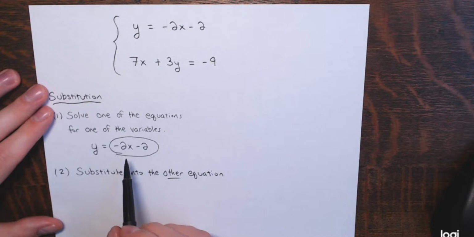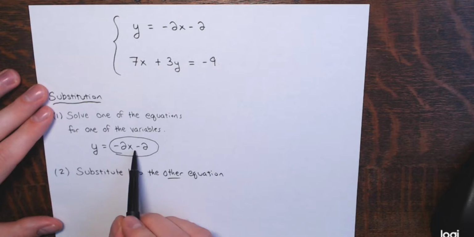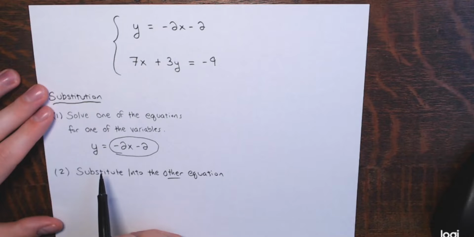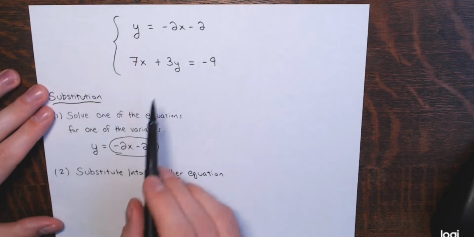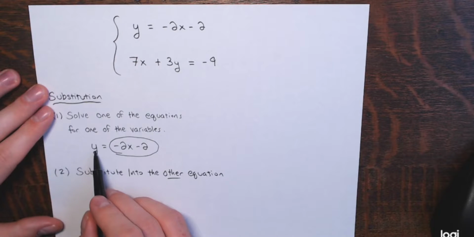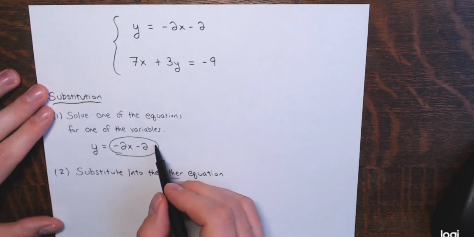So this negative 2x minus 2 expression is the same as y, so I can replace y wherever you see y in this system. For any ordered pair that satisfies all the equations, these relationships should hold. So I can replace y with negative 2x minus 2 in the other equation.